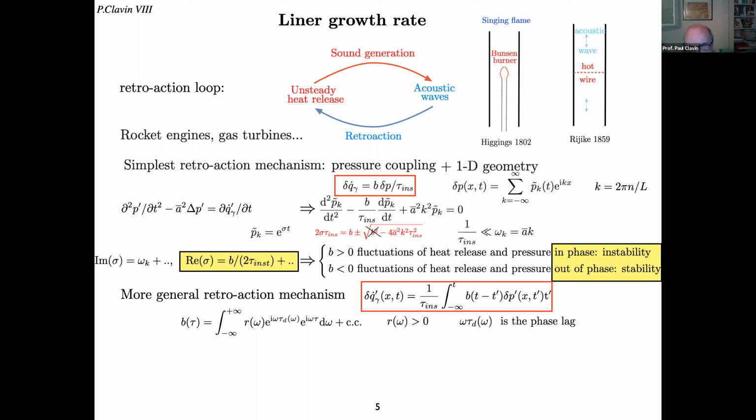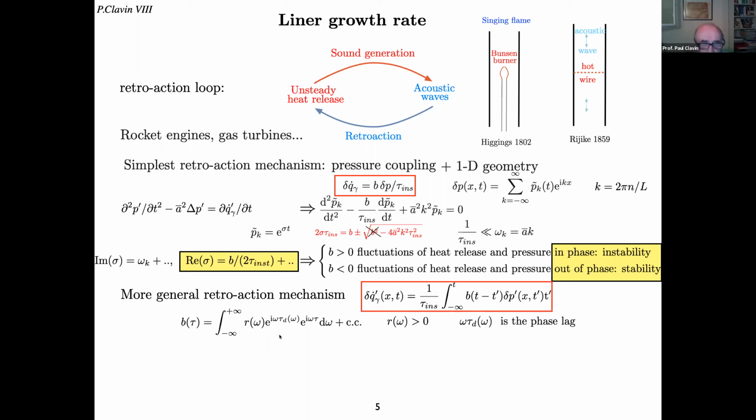So the general law relating the pressure to the heat release is not a simple law with a real number B, positive or negative.